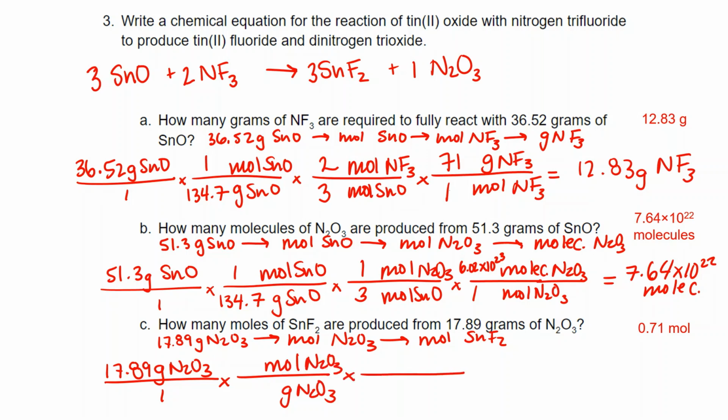Then we can convert our moles of N2O3 into moles of SnF2. So first we need the molar mass of N2O3. That mass is about 76 grams. And then we need our mole ratio, which is 3 to 1. So we'll get this answer here whenever we solve.